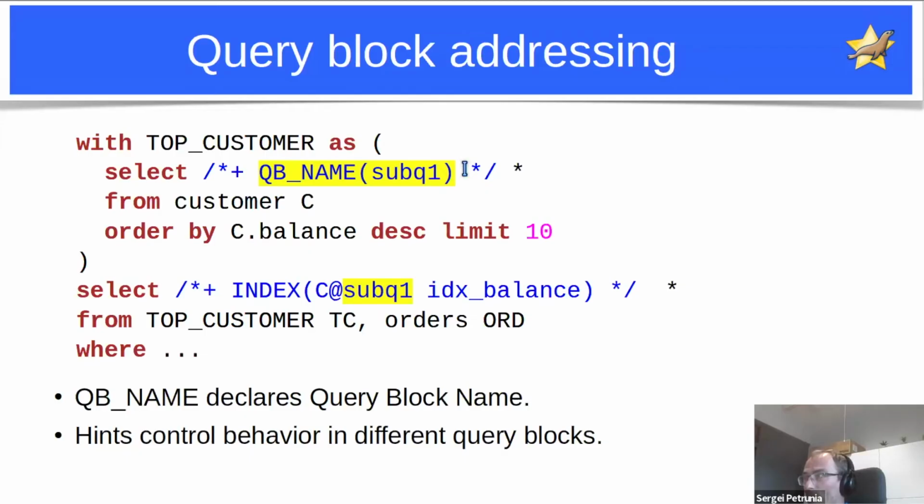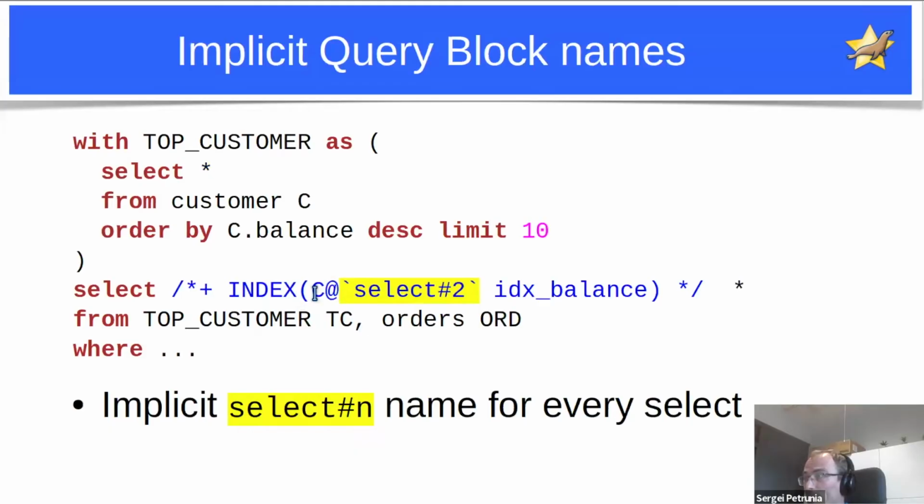You don't have to have explicitly specified names. You can have implicit names. Like here, in the MySQL and MariaDB optimizer, all selects have numbers. And the concept of a query block is similar to a select.